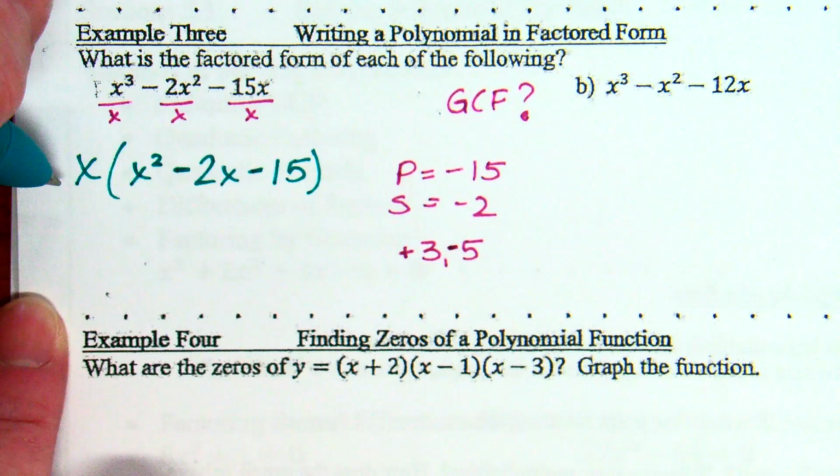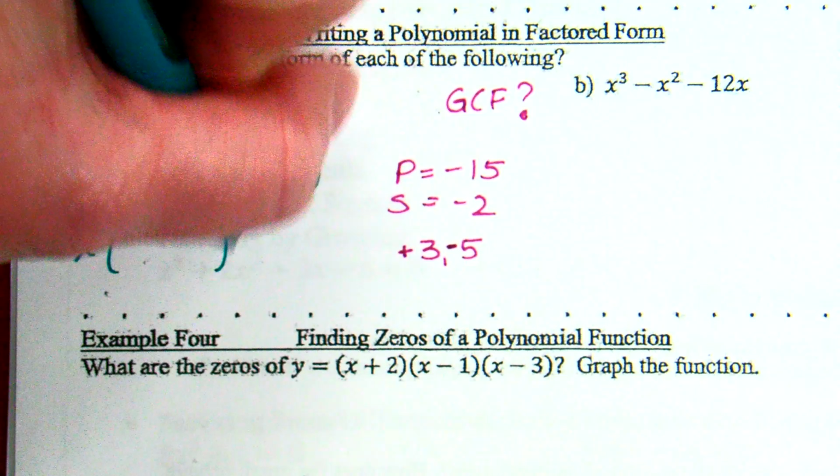And then, since we just did product and sum, we're going to break this into two parentheses. X squared breaks into x times x. And what numbers am I putting in there? Minus 5 and plus 3. Or plus 3 and minus 5.